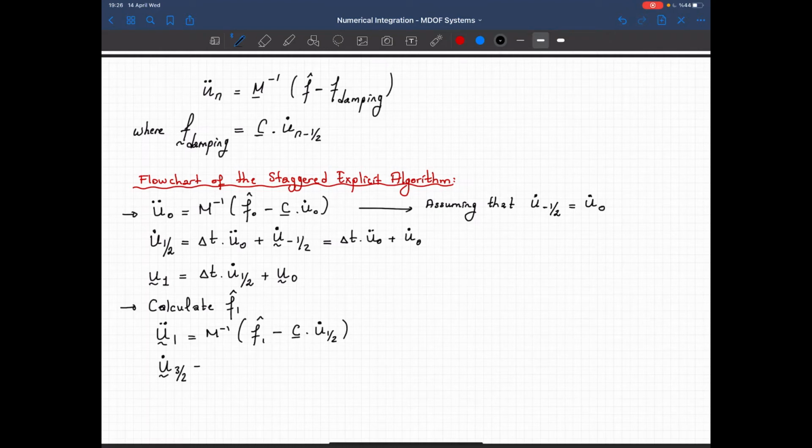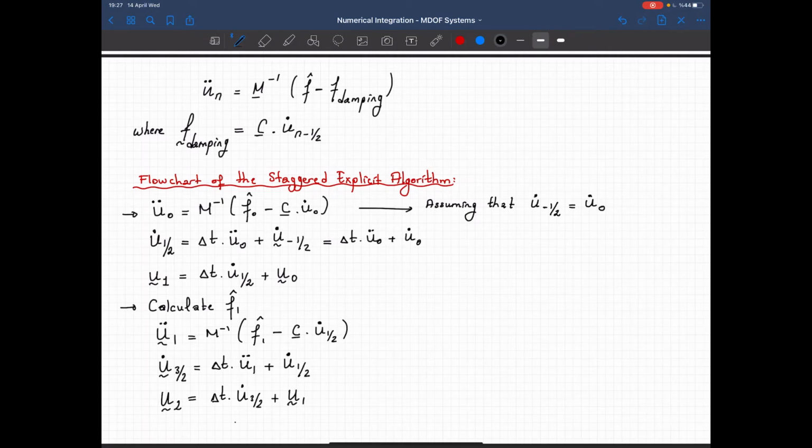That will be equal to delta t times u double dot 1 plus u dot 1/2. And from that I can calculate the displacement u2 as equal to delta t u dot 3/2 plus u1.